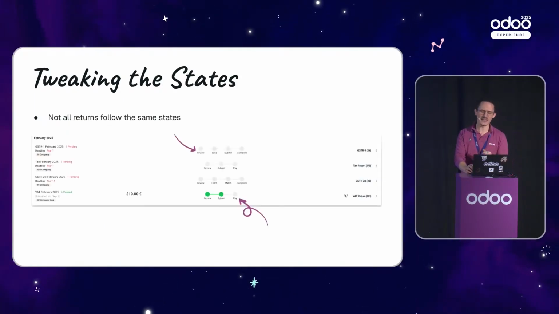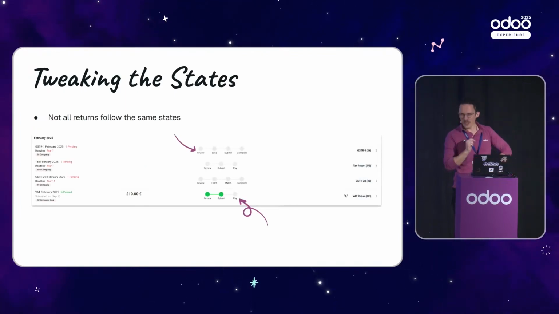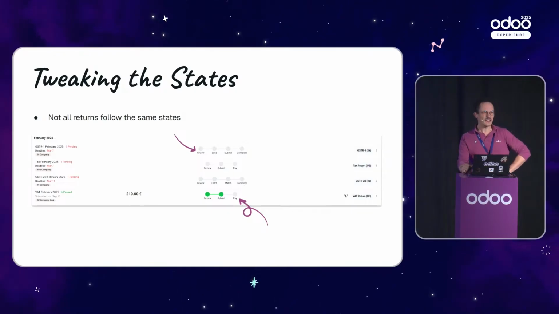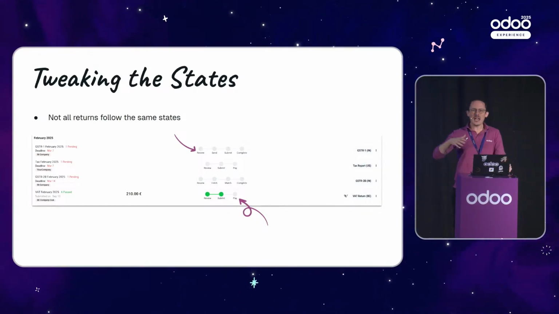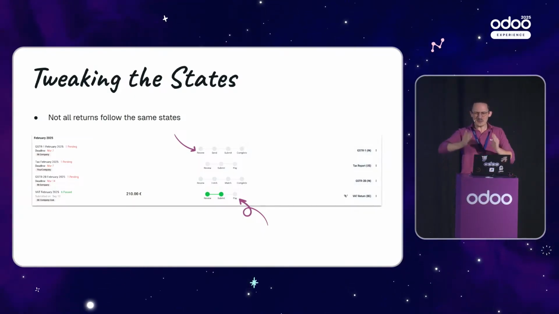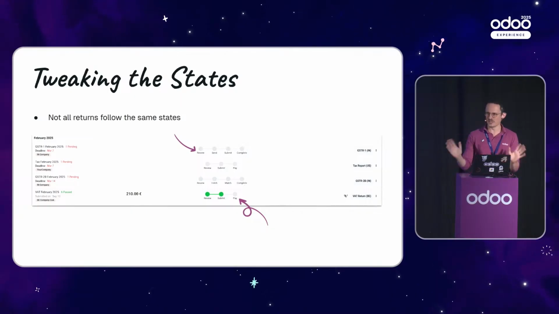Now, something else you might say is, fine, but I watched very closely Laura's talk, and she was talking about 3 states on the return. How can that work with my workflow? Because in my country it's very specific, and we have a web service we need to connect to. We have many steps that the government needs to confirm, and we need to go through. How can this work with only 3 states?